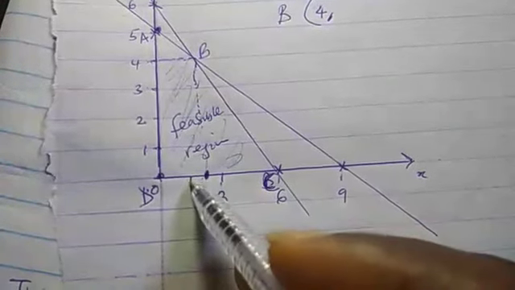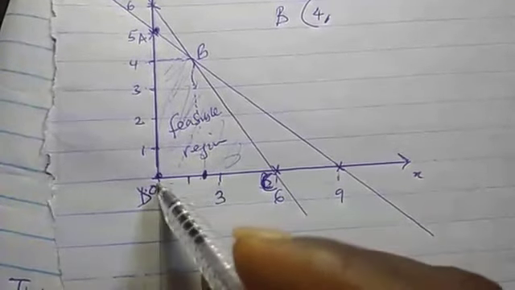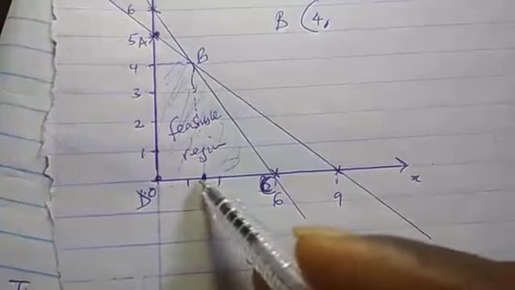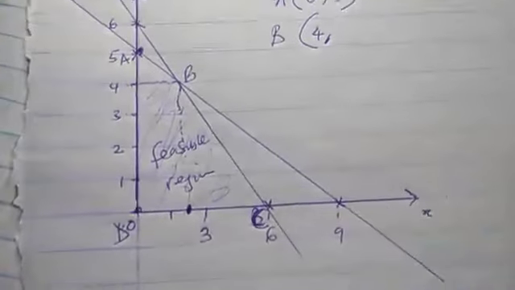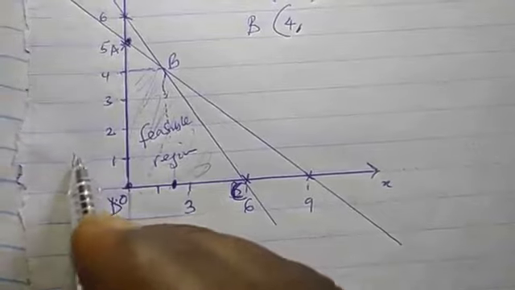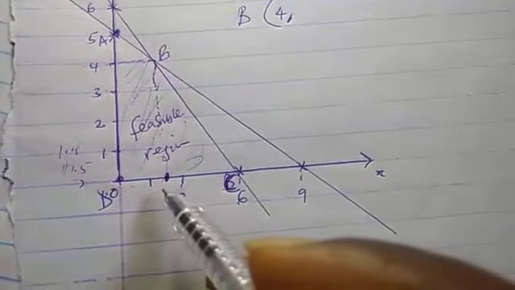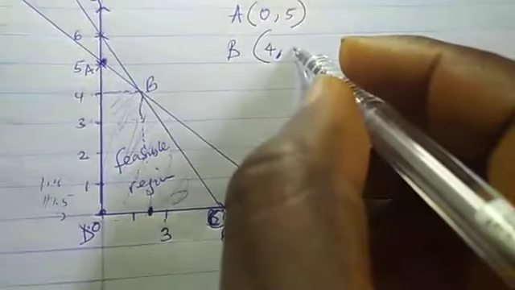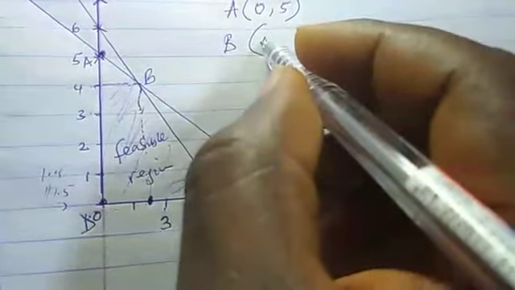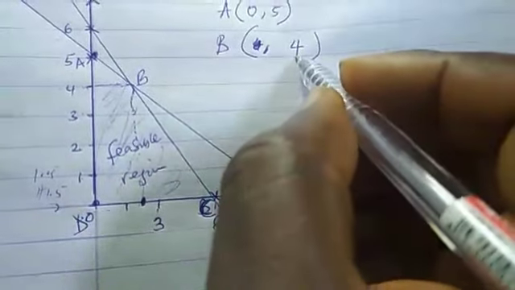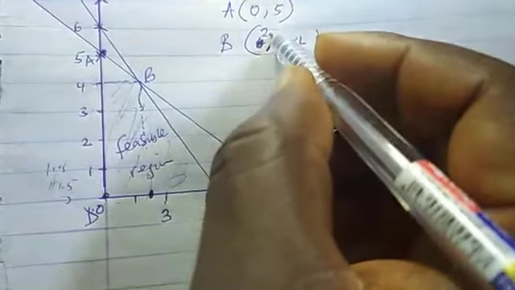If I pick this half here, let me say it's 1.5. So this is another 1.5. So that place will be 1.5 plus 1.5 over 2. So for B, y is 4, but for x, 1.5 plus 1.5 over 2 would have been 2.25.